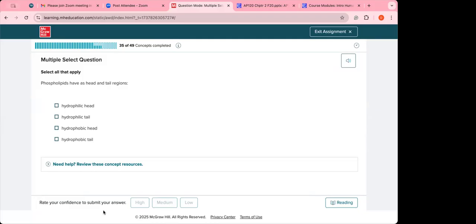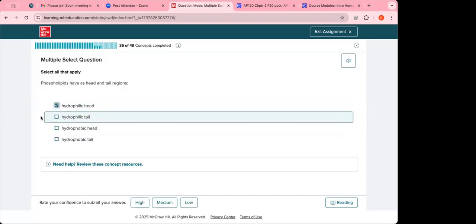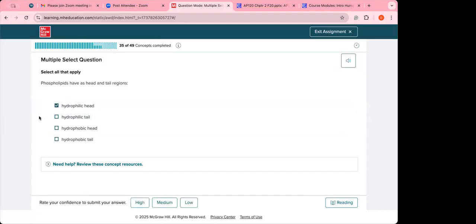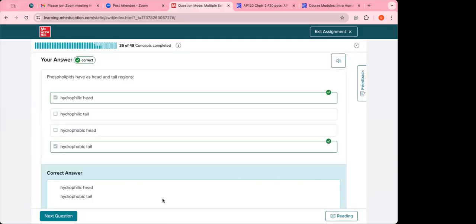I think it's the hydrophilic head, which is the first one, and the hydrophobic tail, which is the last one. Yeah, that's what we read. So the head likes water, so it's inside the cell. The hydrophobic tail's outside because it doesn't like that. Hydrophilic head, hydrophobic tail. Okay.